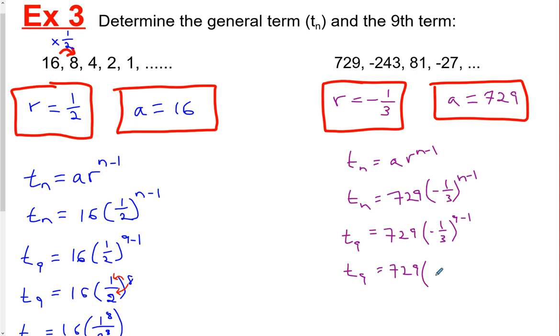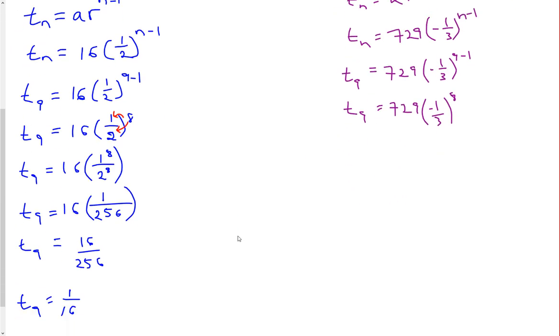Okay, so this is going to be negative 1/3 to the 8. And you could have that negative sign on the top or bottom of the fraction. It actually doesn't matter. It's not going to change anything. So top or bottom is okay. Some people just like to put it out front. So now I've still got my 729.